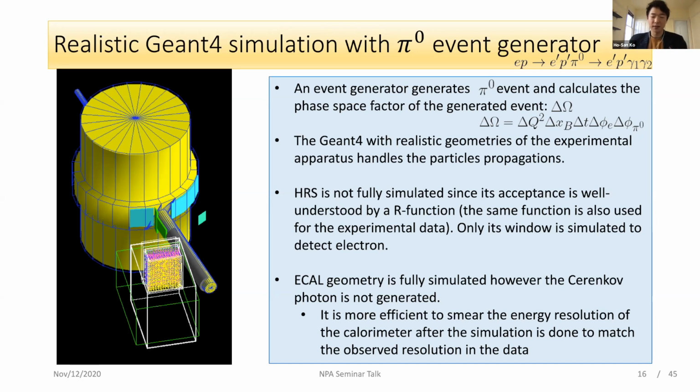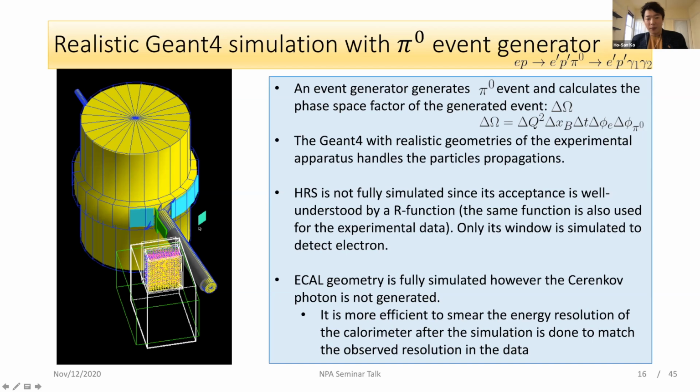Let me briefly introduce this event generator simulation. This is Geant4 with a realistic experimental apparatus and a pi0 event generator. The pi0 event generator generates pi0 events and calculates the phase space factor of these generated events. And Geant4 handles the particle propagation through matter.